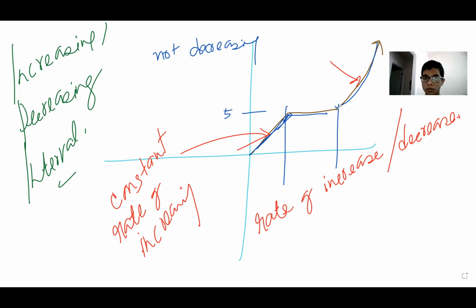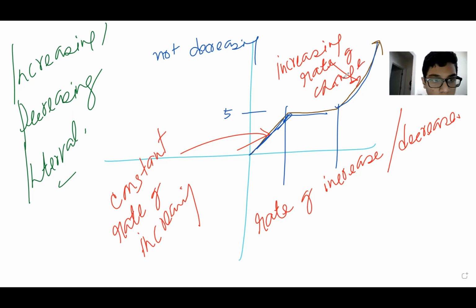So you will notice that here the rate of change is increasing. So this is increasing rate of change. Do you understand? So this is another very important parameter to look at in a function when we talk about increasing and decreasing interval. Is that okay? Now, here is a question for you.